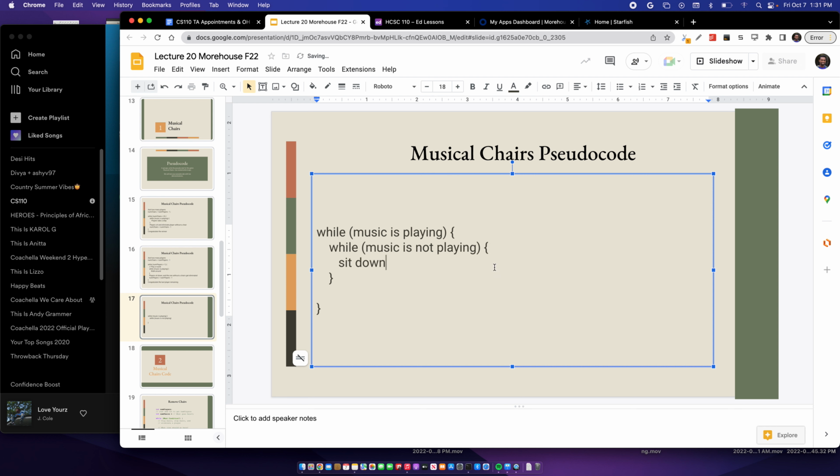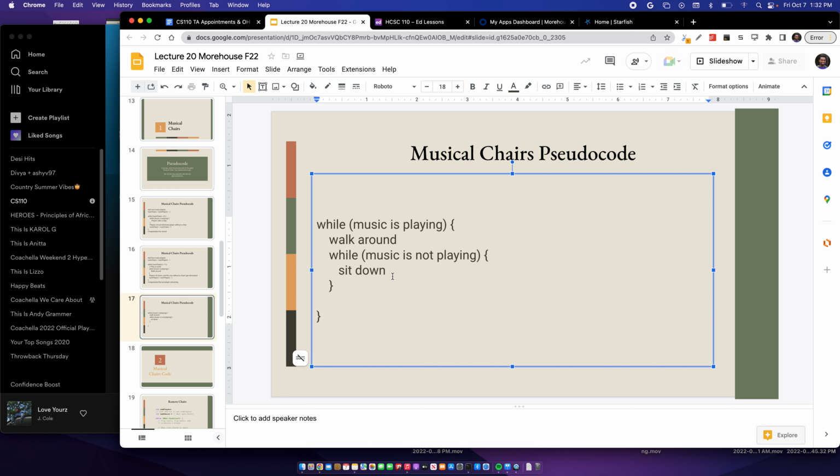Sit down, right? And in here people are saying like walk around. Do people understand why this isn't super ideal? It's forcing us to do extra while loops that we don't need because they're checking opposite things.